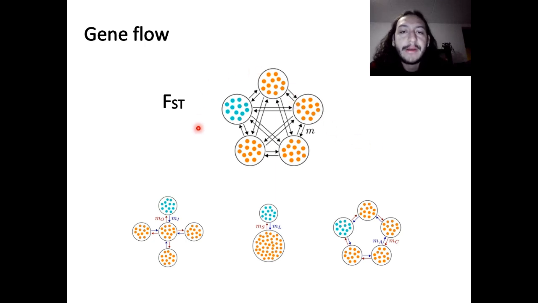So for example, here you can expect FST to be very low because there is very low divergence. There's a lot of gene flow. This population is basically behaving as one population, so FST is expected to be low. However, in this last case, the two populations that are adjacent are going to have a much lower FST than, for example, ones that are completely opposite to them.